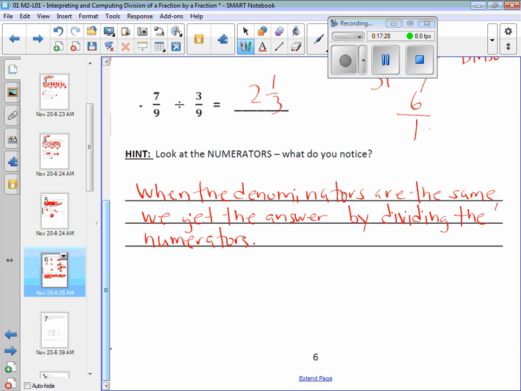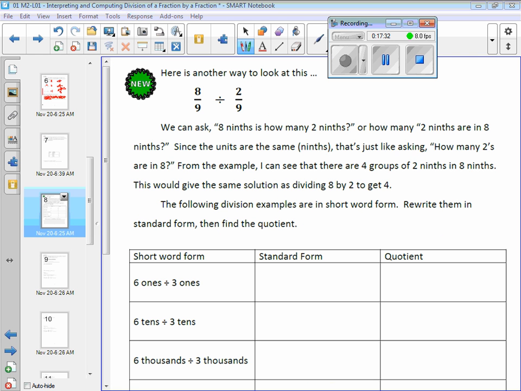Same exact problem in example 1. Kind of just a little summary. We can ask 8/9 is how many 2/9? Well, how many 2/9 are in 8/9? Since the units are the same, 9ths, that's the same as asking how many 2s are in 8. Do you get that?